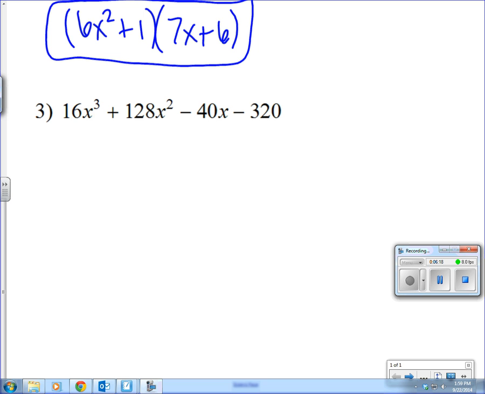Okay, did all of you group these two like this? First group, what goes into 16 and 128? Did you guys find out?